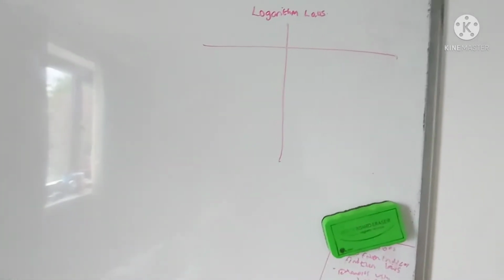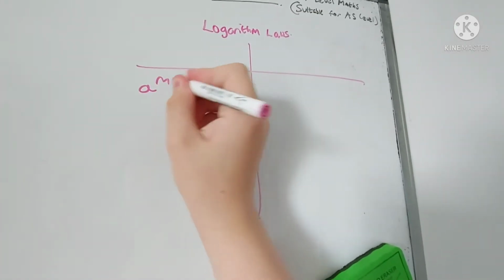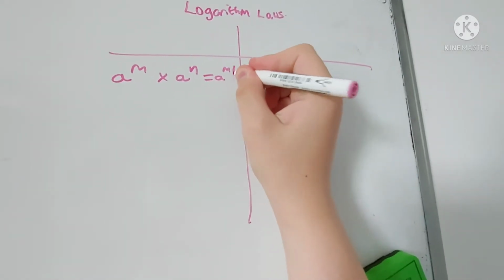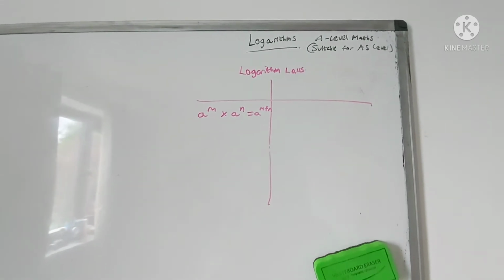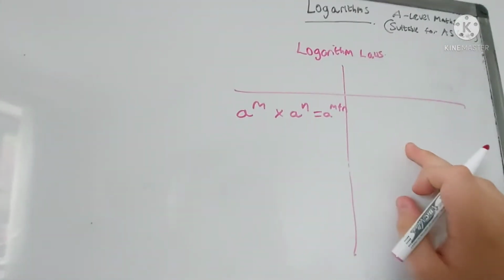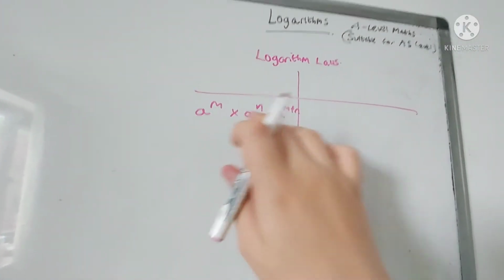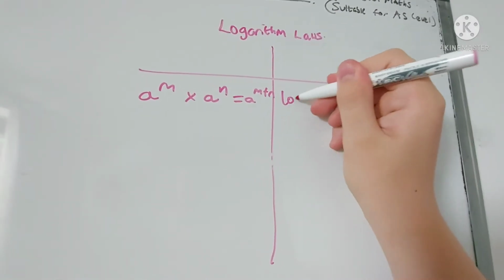So, for example, if I had a to the m times a to the n, that's a to the m plus n. Now, logarithms are the inverse of indices. So, if we multiply, we add. If we add, we multiply, which is what this is.